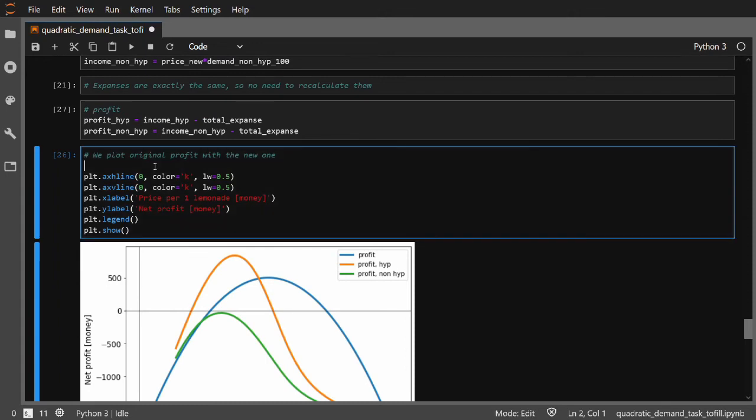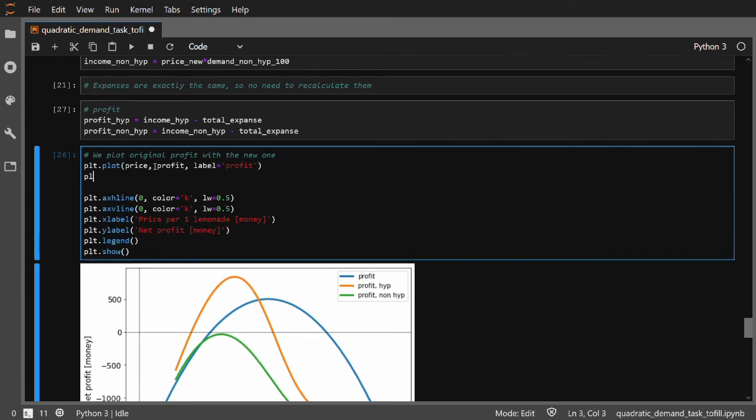So first is the original one, PLT plot, was on the axis price, and we have called it simply profit. We add the label again, not to confuse things. Let's say profit. Now second curve, same function, PLT plot. We have new price axis, price new, and we have profit, let's say hypothetical.